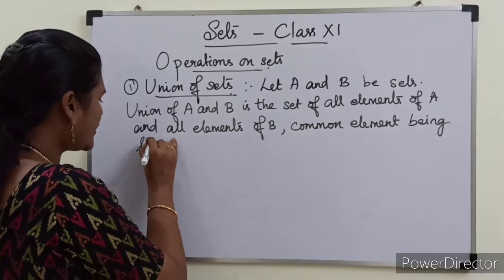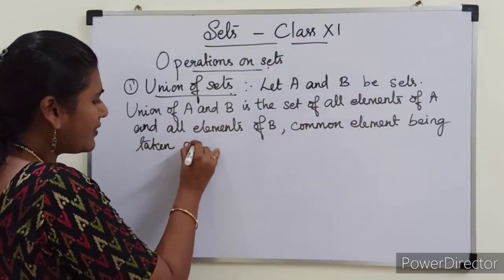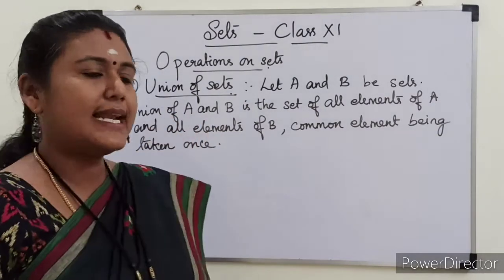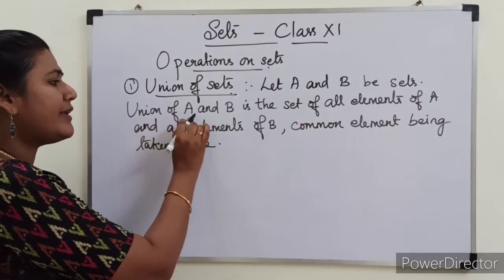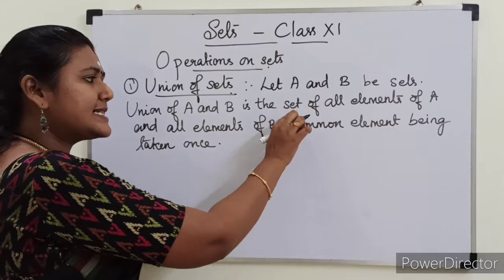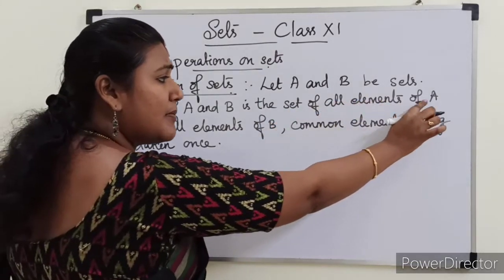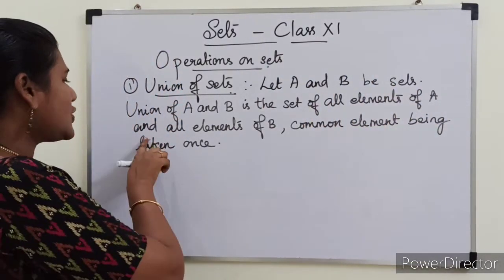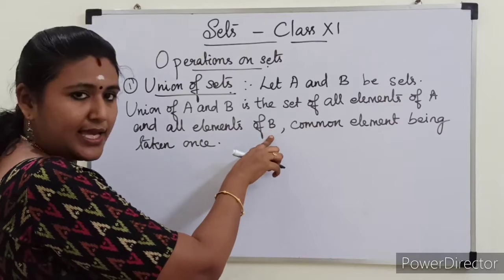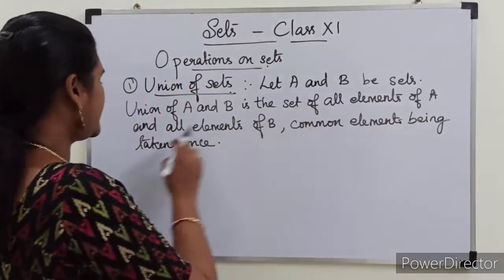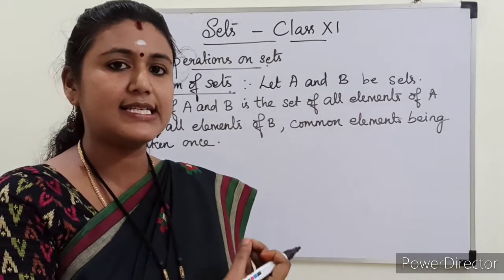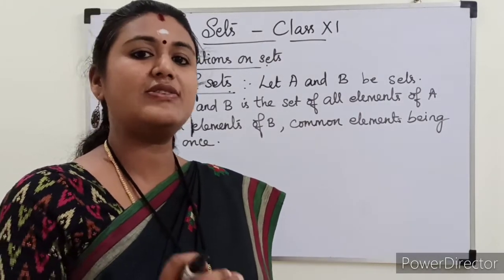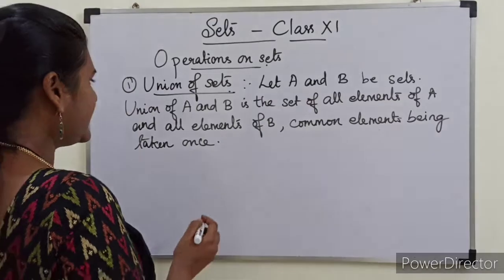So actually this is the union of sets: let A and B be two sets, then the union of A and B is the set of all elements of A and all elements of B, common elements being taken once. So this is the definition of union of sets. Now we will see one example for this.